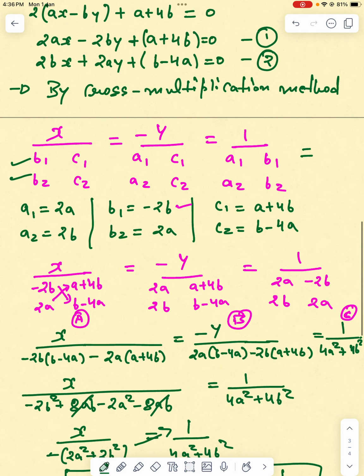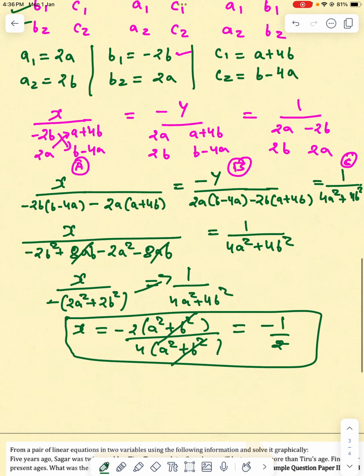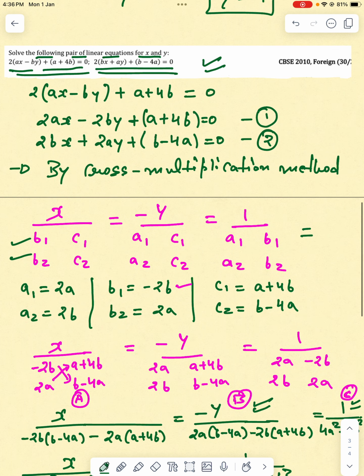So how will you solve the next part? Either you can take b and c and try to find the value of y, or the second way to find the value of y is to put the value of x, that is x is equals to minus 1 upon 2, in any of the given equations, that is in equation number 1 or equation number 2.